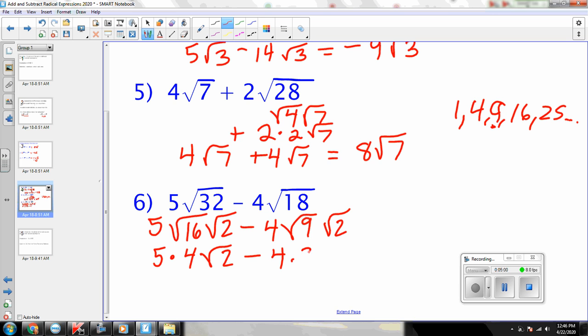Square root of 9 is 3, so this is 4 times 3 radical 2. 5 times 4 is 20, so I got 20 radical 2 for my first term. 4 times 3 is 12, so this would be minus 12 radical 2. Now I can subtract these because the radicands are both 2's, so if I take 20 minus 12, I get 8 radical 2.